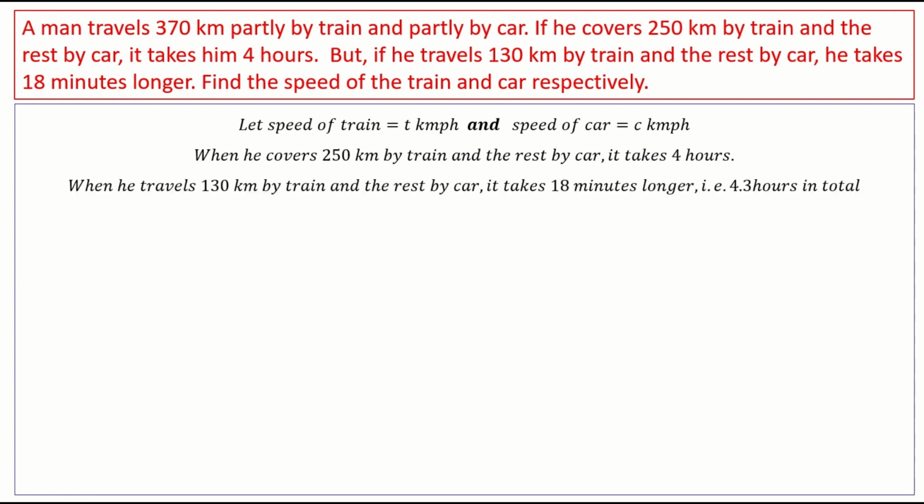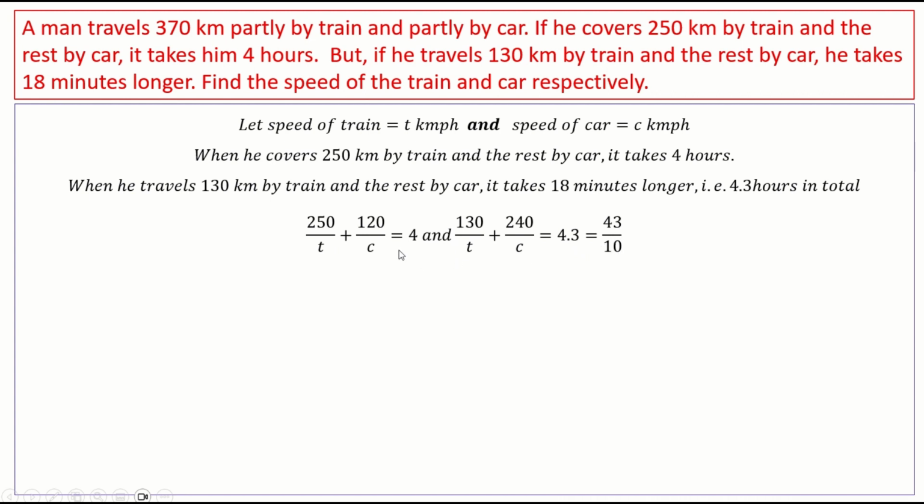Put it in an equation. The second time, when he travels 130 kilometers by train and the rest by car, it takes 18 minutes longer. 18 minutes converted into hours is 0.3 hours, so 4.3 hours in total. So the equations are 250 by t plus 120 by c equal to 4, and 130 by t plus 240 by c equal to 4.3, that is 43 by 10.